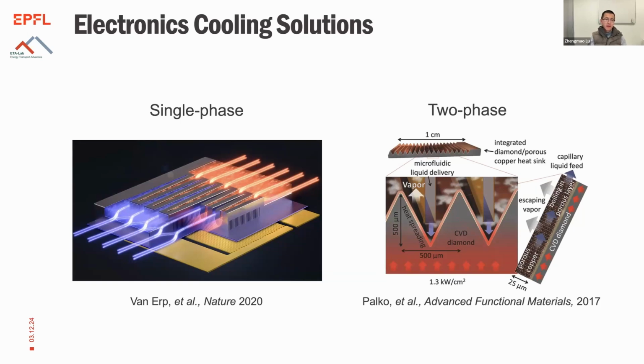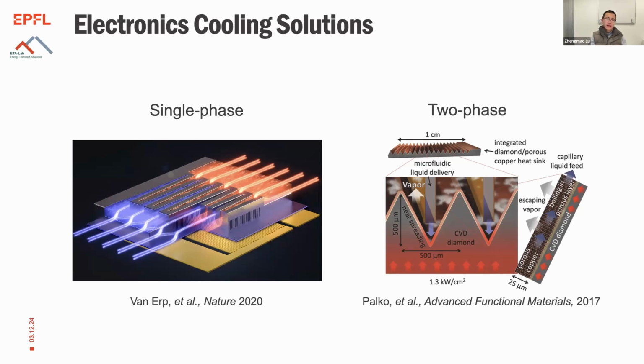On the left, I'm showing a single-phase cooling example. This was actually from one of my colleagues at EPFL, Professor Elison Matioli's group, who a few years ago published this paper in Nature. Basically, they were able to bring the microchannel cooling solution very close to the in-house gallium nitride chips that they were making.